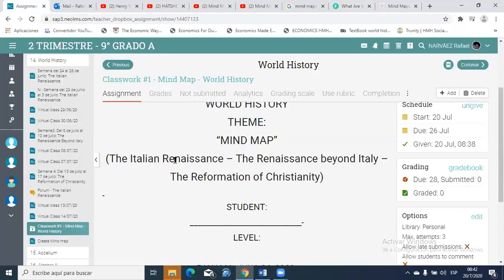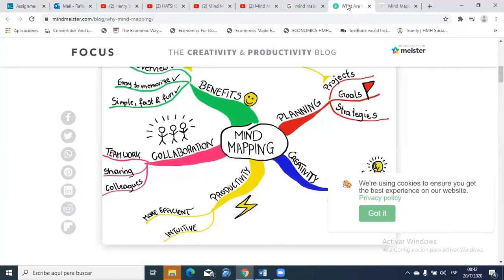We have studied the Italian Renaissance, so that means that over here, this is a branch. This is the first branch, the Italian Renaissance. The second branch could be over here in this area. That's up to you. I'm just giving you some ideas, guys, how you could create your mind map. The second topic was beyond Italian Renaissance, okay?